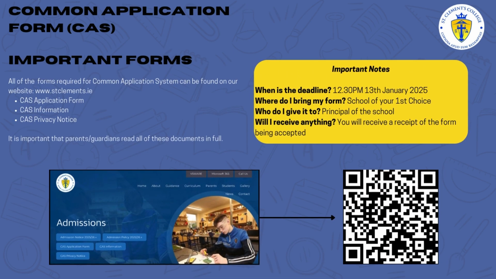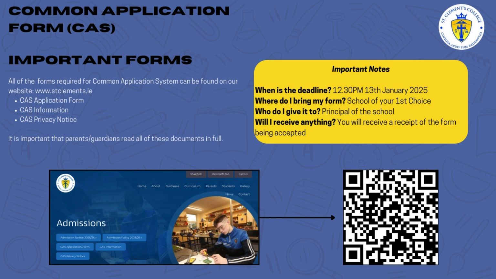So to summarise, there are a number of important forms that must be read by the parents and guardians in the Common Application System. All of these can be found on our website at www.stclements.ie. Alternatively, you can scan the QR code in the bottom right hand corner, which will bring you directly to our website.